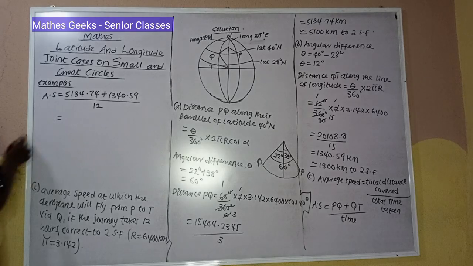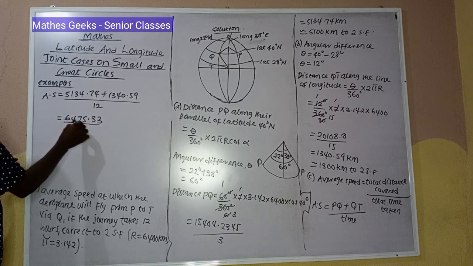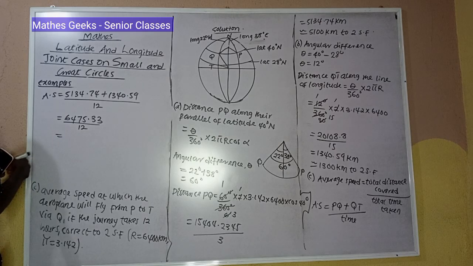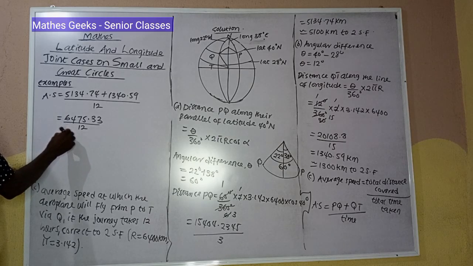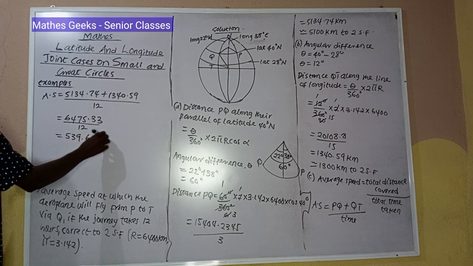So 5134.74 plus 1340.59 is 6475.33, divided by 12, gives 539.61 kilometers per hour.